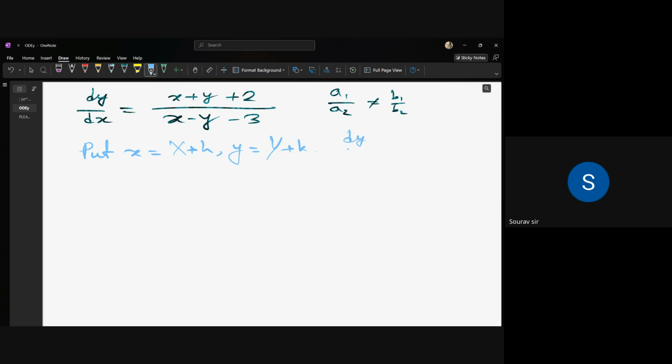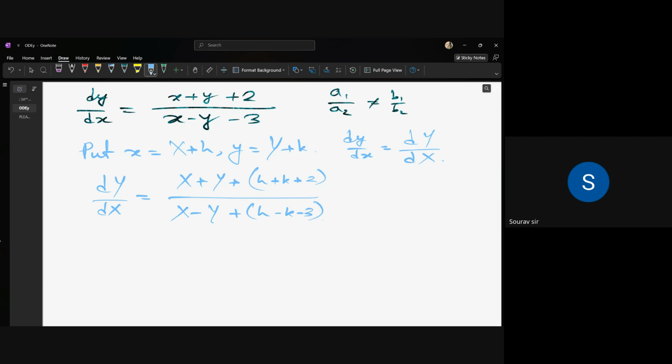Our dY by dX will look like (X plus Y plus h plus k plus 2) over (X minus Y plus h minus k minus 2).